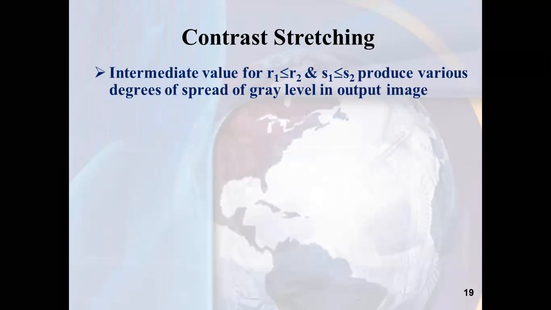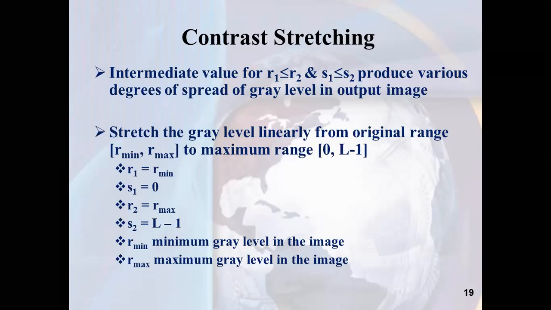And the best method is when R1 is less than R2 and S1 less than S2, we produce various degrees of spread of gray level in the output image. So we stretch the gray level linearly.